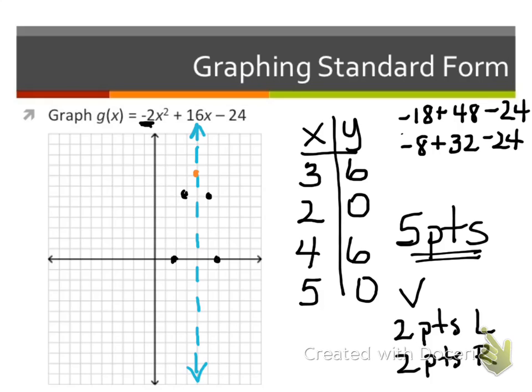And once you do that, then you should be able to draw your parabola through those points, and you've got a fairly accurate parabola for the equation g of x equals negative 2x squared plus 16x minus 24.